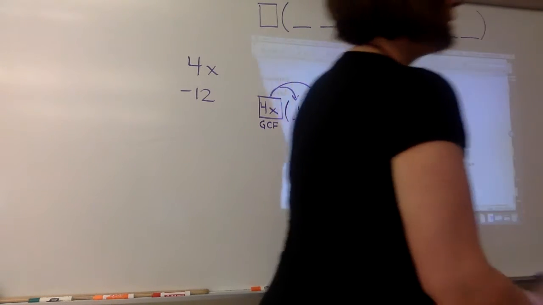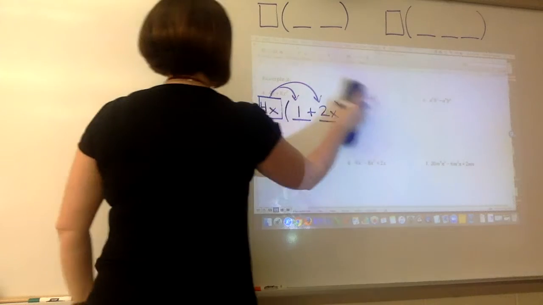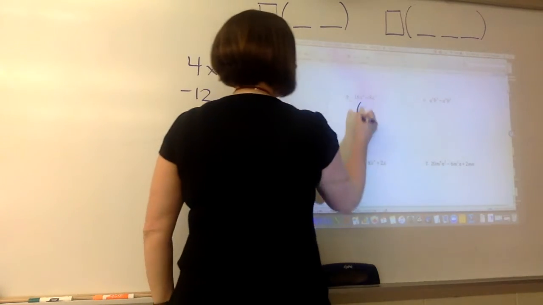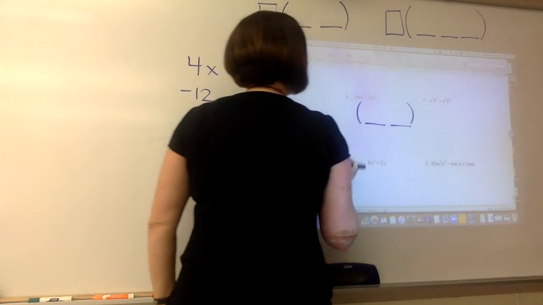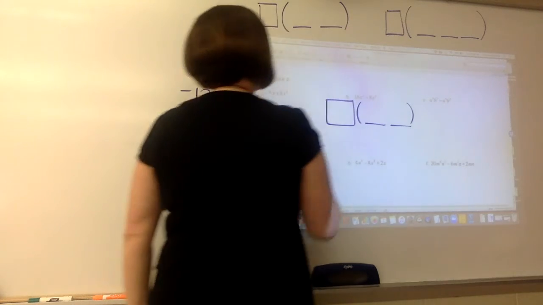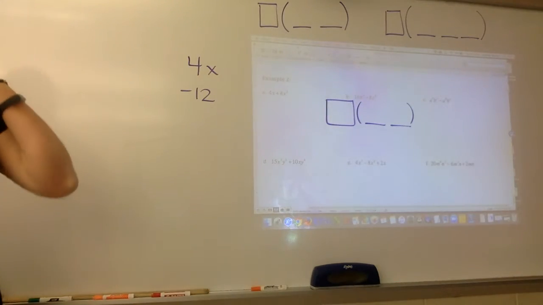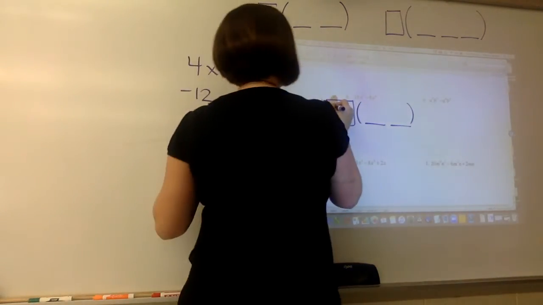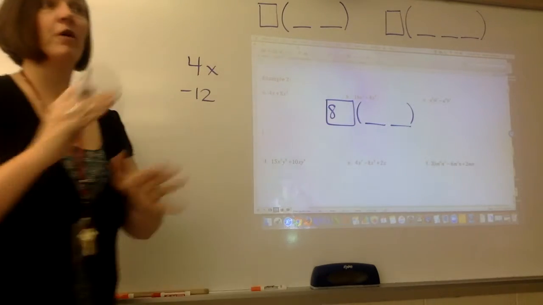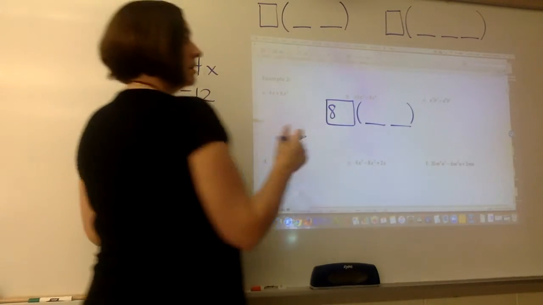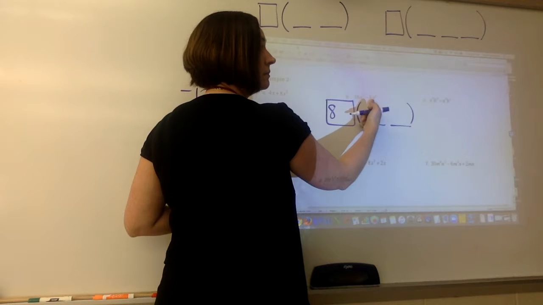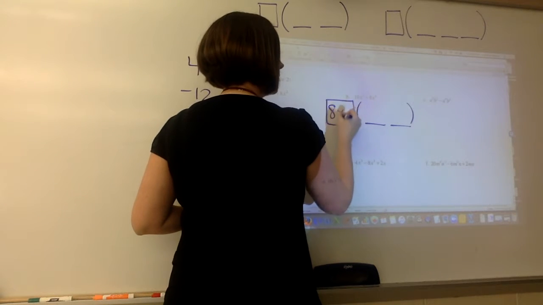Alright, number 2. How many lines? 2 lines on the inside. So I should see this and this. Box out front. What's the biggest number that goes into 16 and 8? 8. What's the most number of x's I can take from every person? I can take 2. So it's x squared.